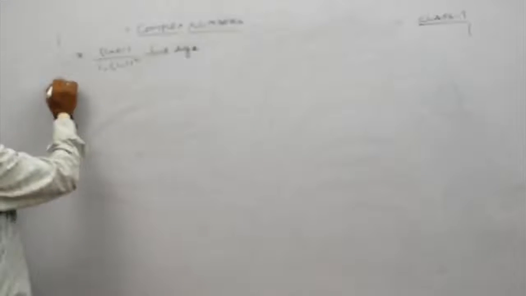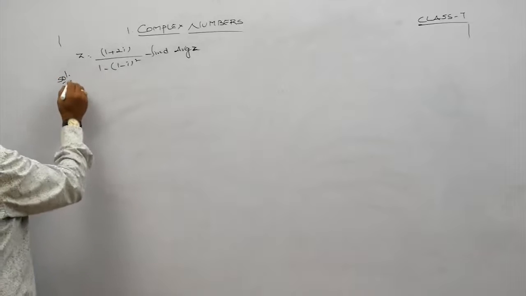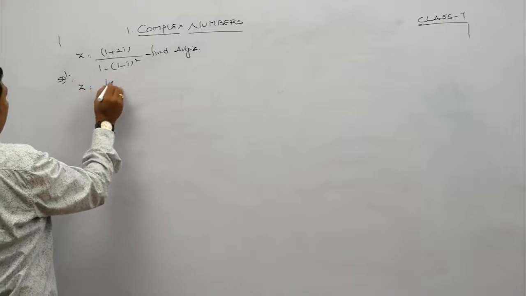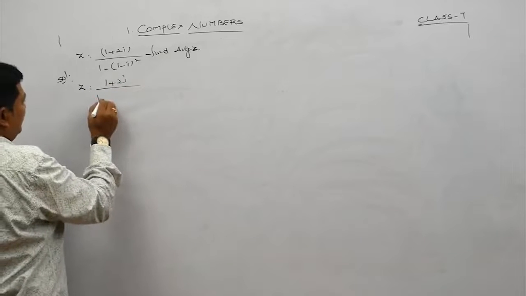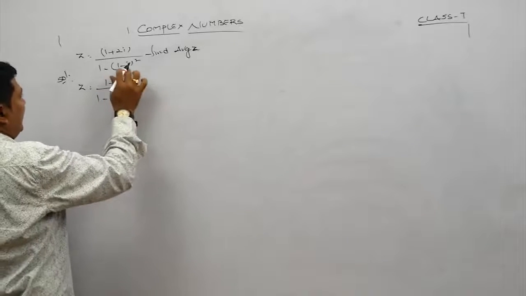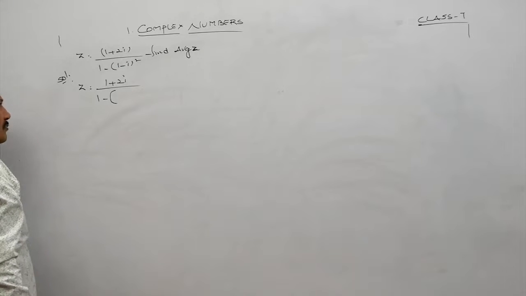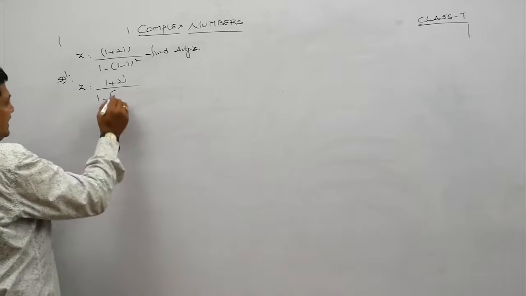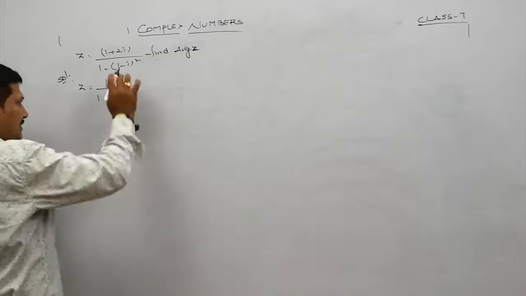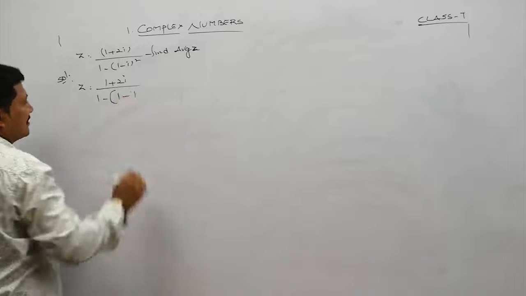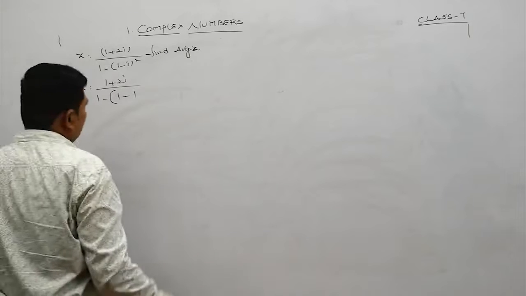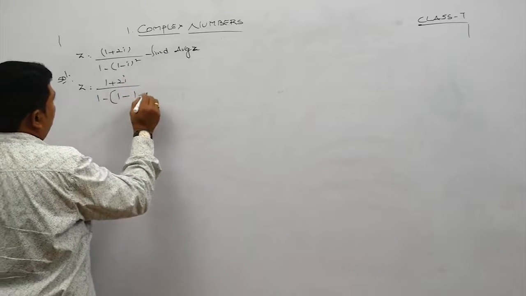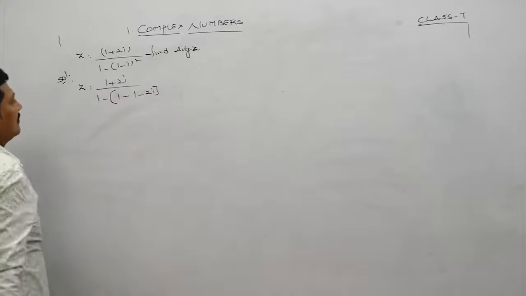Okay, solution. So given z is equal to 1 plus 2i by 1 minus i whole square. Use a minus b whole square formula: a square plus b square i square minus 2ab, that is 1 minus 1 minus 2i.